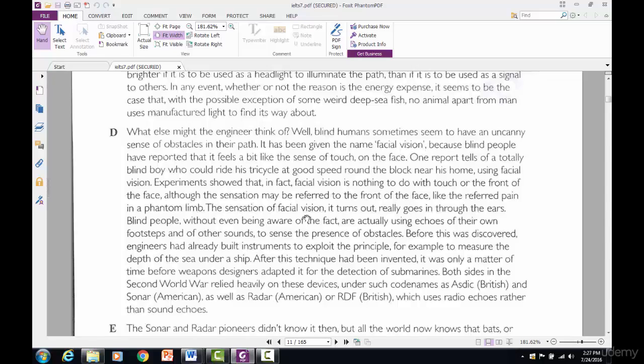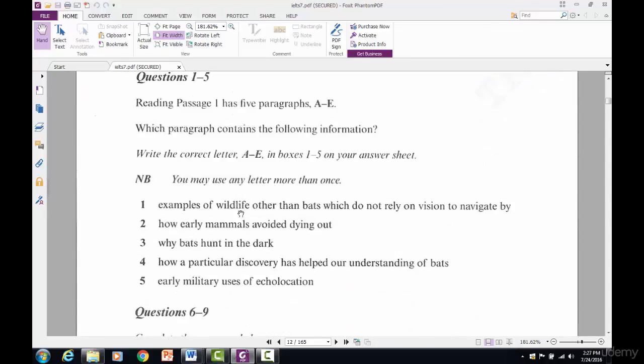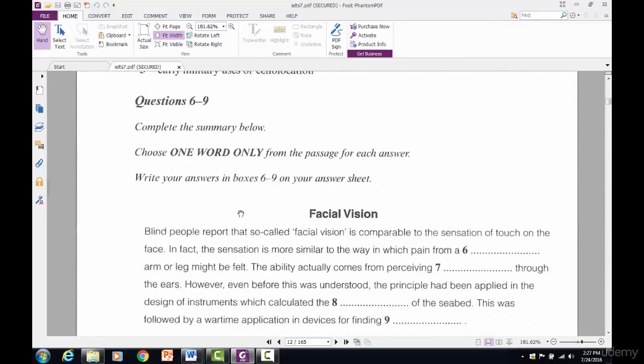The sensation of facial vision, it turns out, really goes in through the ears. All right, so what goes through the ears? The sensation. So the answer for number 7 is sensation. All right, number 8.